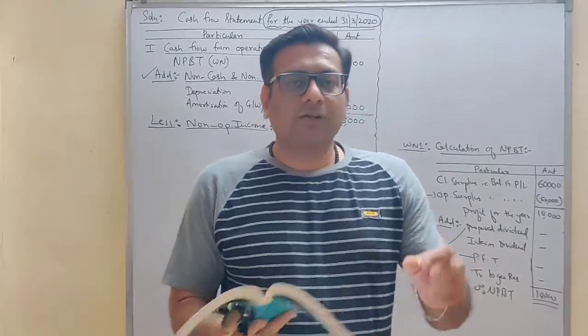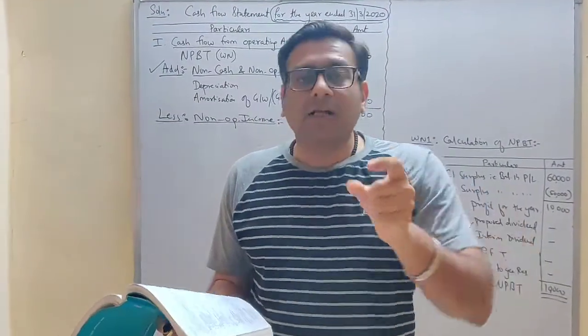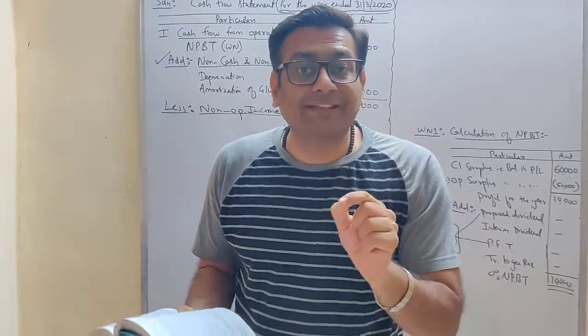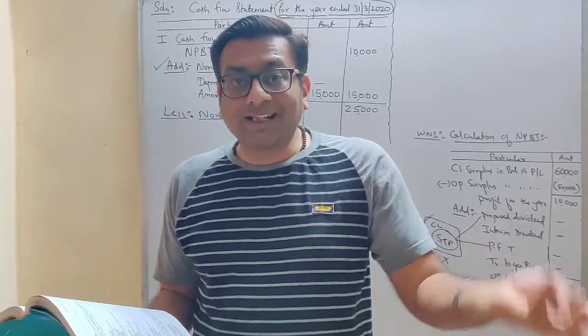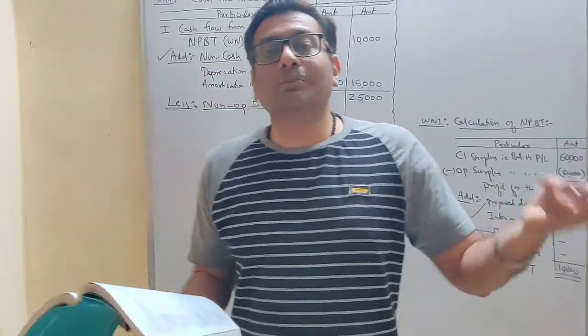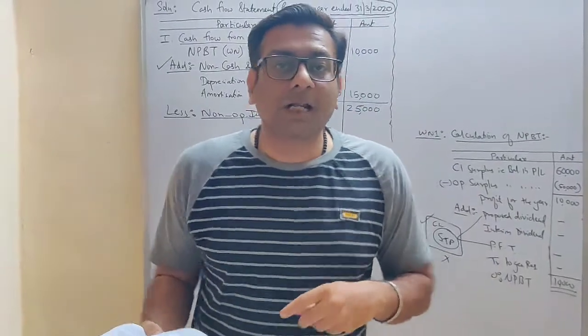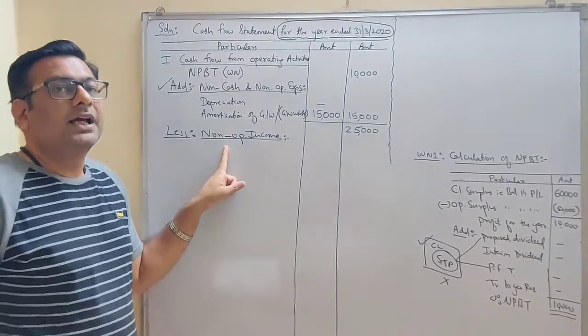Where to check this? You have to check this inside the balance sheet on the asset side. Non-current investment, you have to check there, because whenever you make an investment you receive something. You may receive interest on investment, you may receive dividend on investment. So that interest received, dividend received will become your non-operating income.